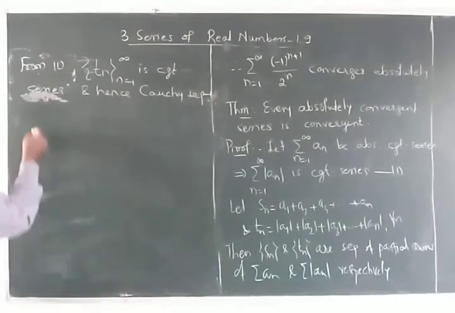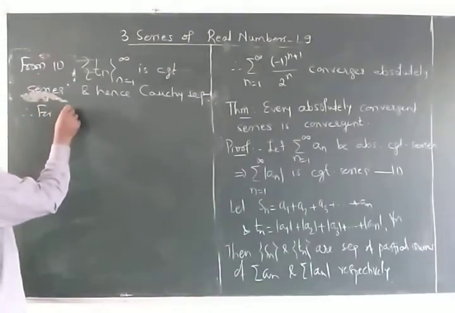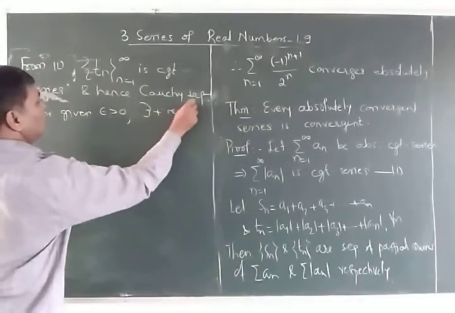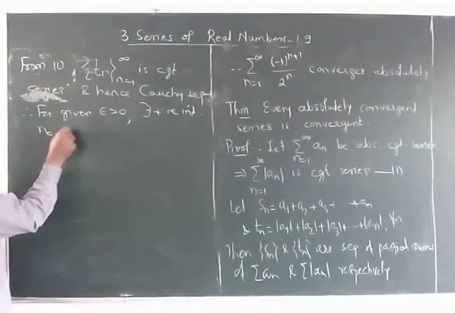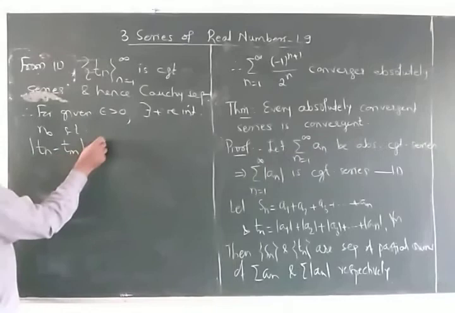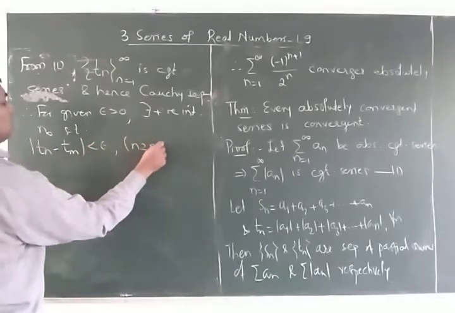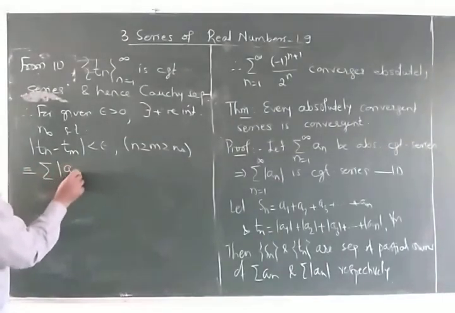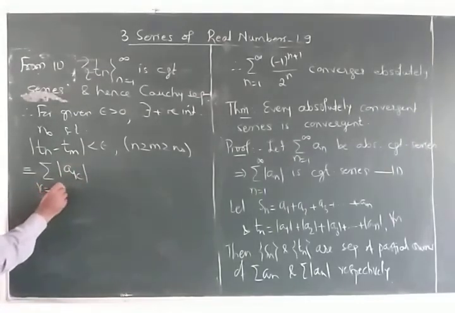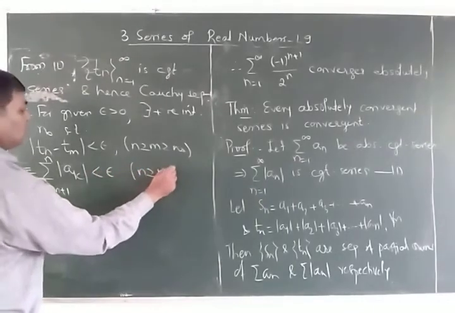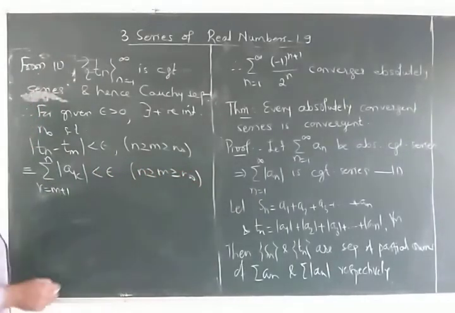Therefore, for given epsilon greater than 0, there exists a positive integer n naught such that mod of T_n minus T_m is less than epsilon for any n greater or equal m greater or equal n naught. This is equivalent to summation of mod of a_k, k equal to m plus 1 to n, is less than epsilon for any n greater or equal m greater or equal n naught. This is 2.